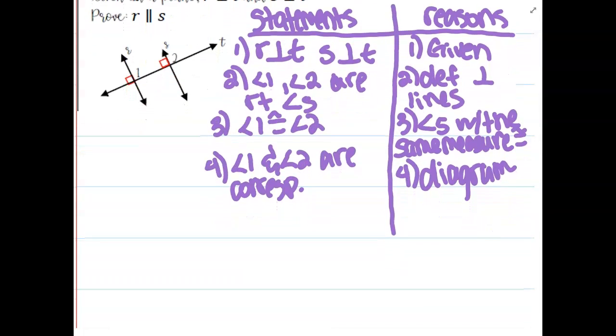Now, why is it useful if they're corresponding? Why do I even need to know that? Exactly. Remember, yesterday we talked about the converse of the corresponding angles theorem. I know they're corresponding because I can see it. I know they're congruent because they both measure 90 degrees. And if I have congruent corresponding angles, the lines have to be parallel.